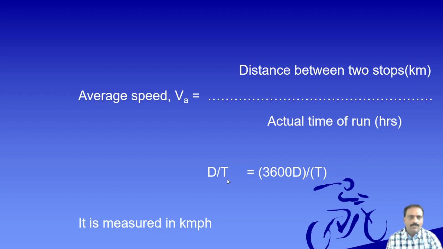Generally for traction applications the time will be measured in seconds, hence T will be in seconds. And if you convert seconds into hours, 1 second will be equal to 1 by 3600. So 1 by 3600 will become 3600 in the numerator. Hence the formula for the average speed becomes 3600 D by T, and it is measured in kilometers per hour.